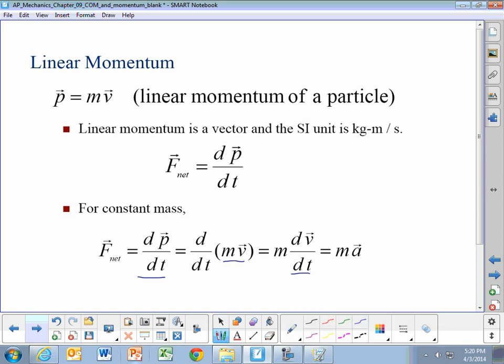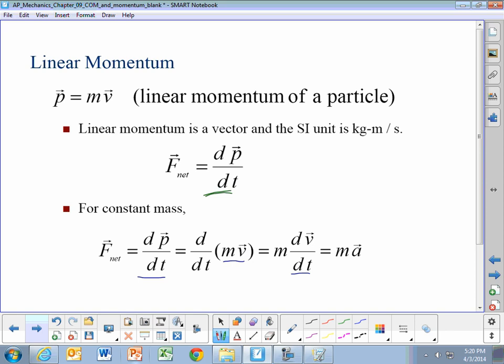The reason that this is the more accurate way of writing the net force is because there are some situations where the mass changes. For example, rocket propulsion. That'll actually be something that gets looked at at the end of the following chapter. But if we look at this equation, we can take the derivative of mv, and we would use the product rule.